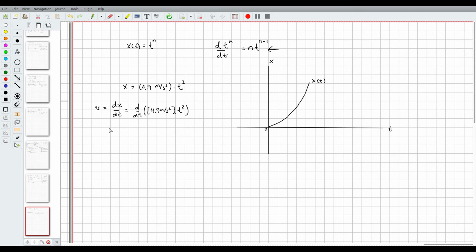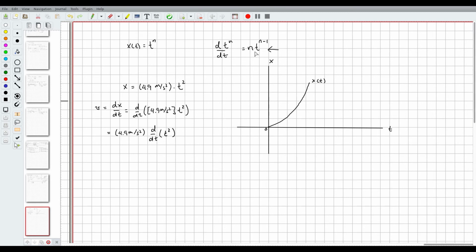Now, the rules of calculus place derivatives as linear operators. What that means is that if you have a constant sitting out in front of a variable in here, you can pull the constant out. So this right here would be 4.9 meters per second squared. And what we're trying to take the derivative of is t squared.